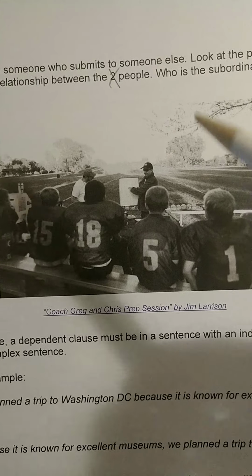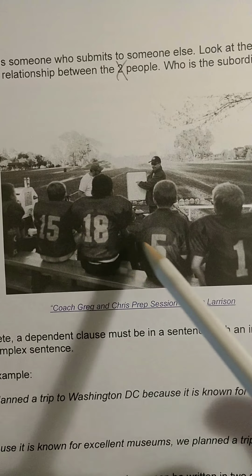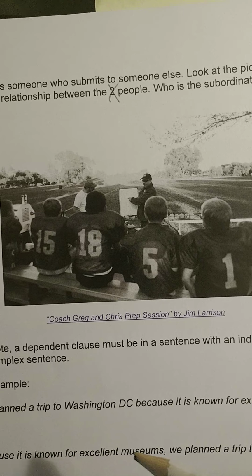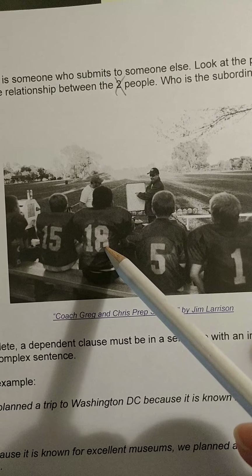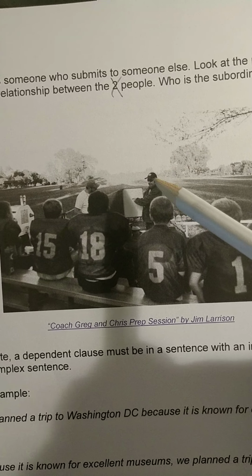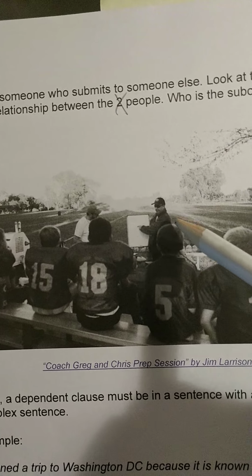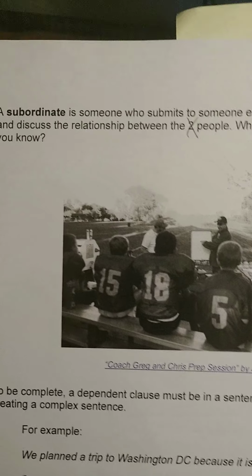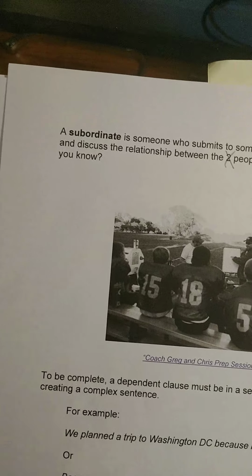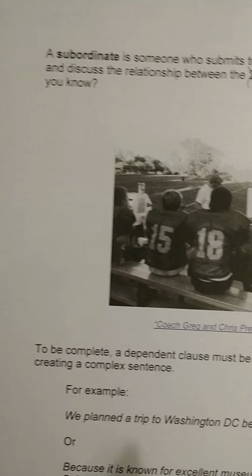All right, so is the coach subordinate or the football players? Hopefully you said the football players. The football players must submit or listen or obey the coach. Okay, and that's what a subordinating conjunction is. Okay, it cannot stand on its own. Okay, you can read more about that.